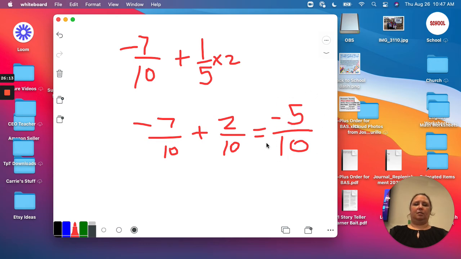Yes. Divide both by 5, right? So this would be 1/2. Make sense? If you have a question, ask it. I'm more than willing to help. Good. All right.